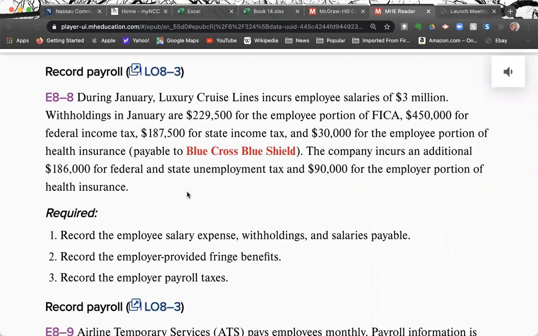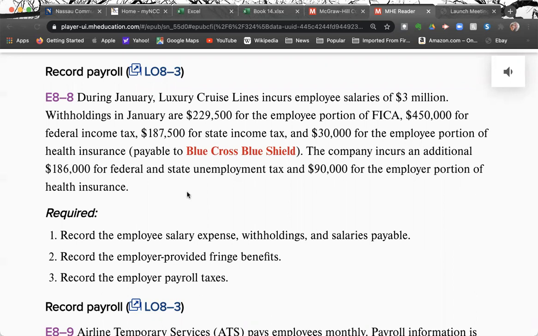During January, Luxury Cruise Lines incurs employee salaries of $3 million. Withholdings in January are $229,500 for the employee portion of FICA, Social Security, $450,000 for federal income tax, $187,500 for state income tax, $30,000 for the employee portion of health insurance payable to Blue Cross Blue Shield.